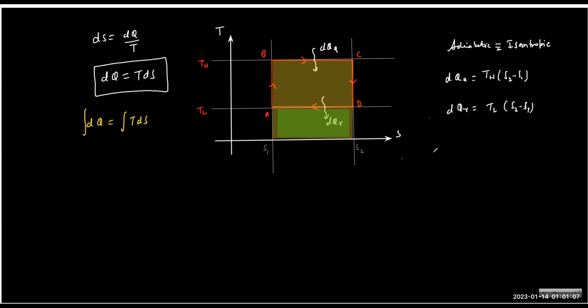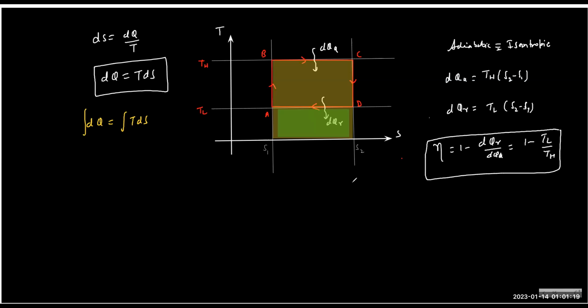So efficiency is how much? 1 minus dQr by dQ. And the answer you can see clearly. So this is the easy derivation. And the previous was the actual PV graph derivation. And we have done one more derivation much before, in the very beginning. So I hope this is clear.